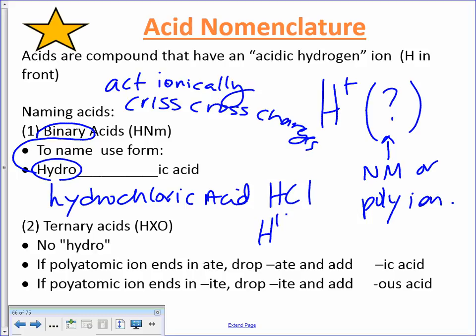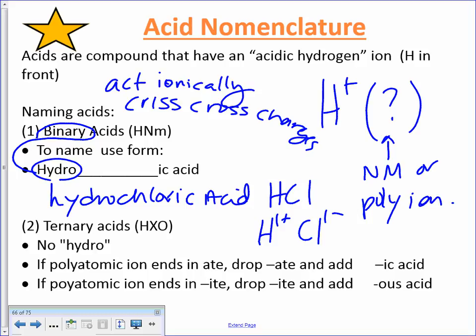Right there, 1 plus, right? What charge is chlorine based on the periodic table? Why -1? So I'm going to say group 7A, so it's 1 away from noble gas, right? So that means it's going to gain 1 electron, giving it a 1 negative charge. Okay, so you crisscross those, you get 1 and 1, but 1's look dumb, so we just don't write them. Cool? Okay, so that's how you get hydrochloric acid.